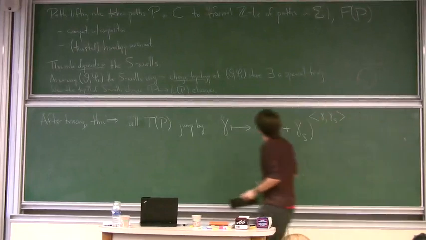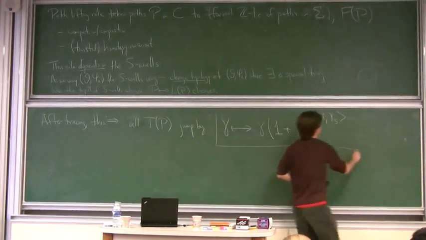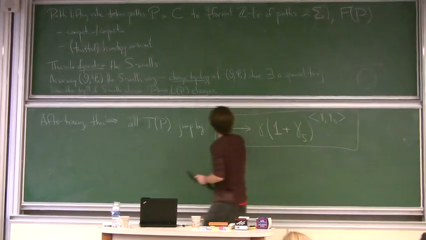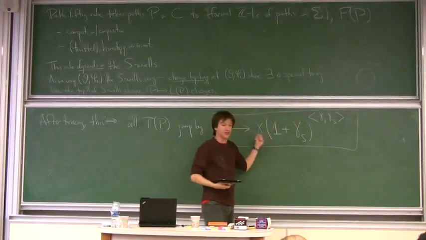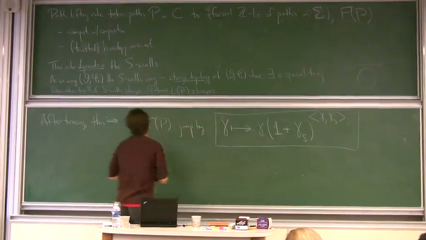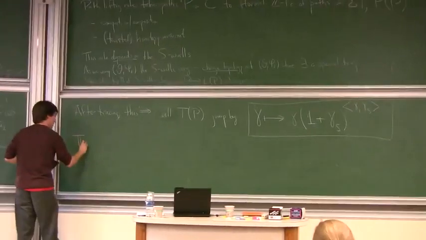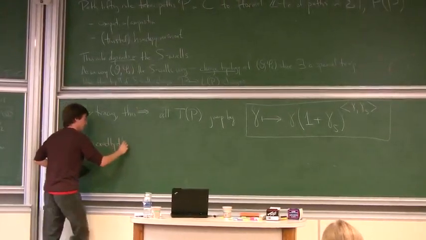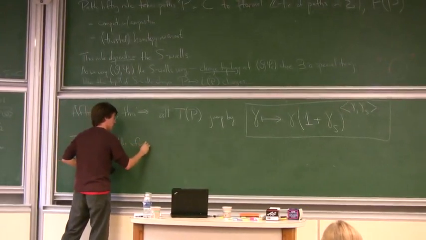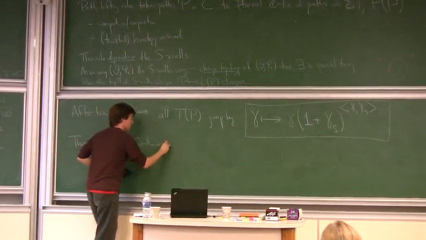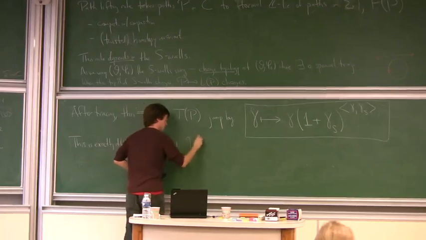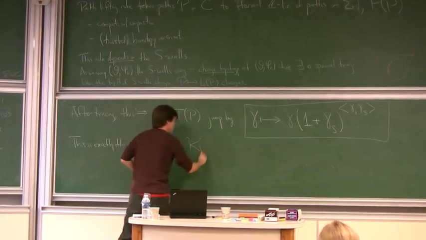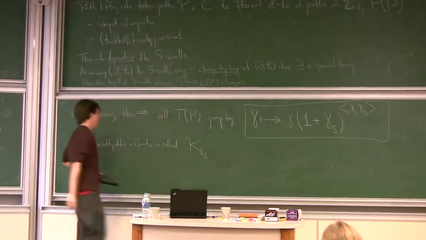So what is this? This is a transformation that we saw before. This is exactly the transformation that we called K gamma S last time.